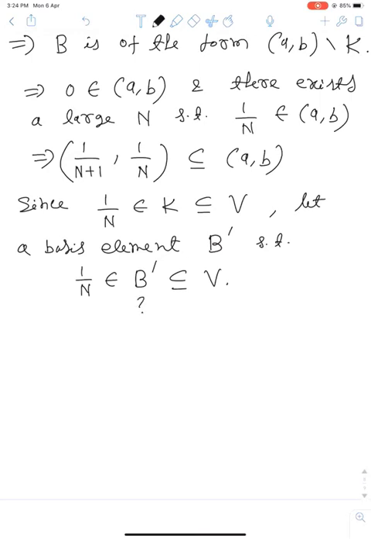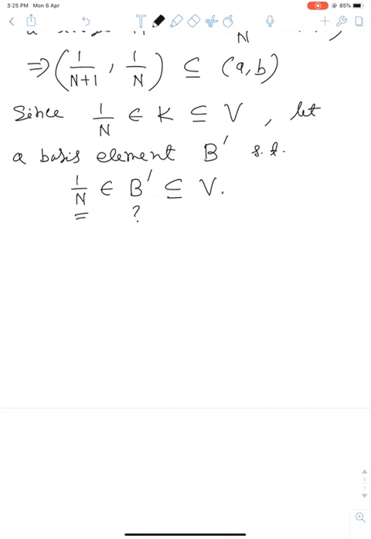Obviously any basis element is of the form either open interval AB or open interval AB minus K. Since this basis element contains one element of K, it cannot be open interval AB minus K, right?